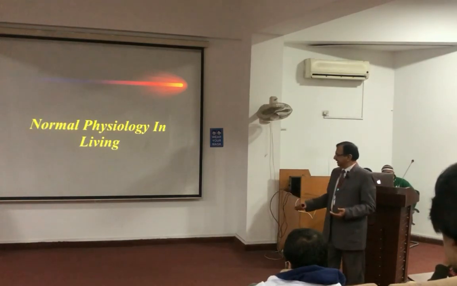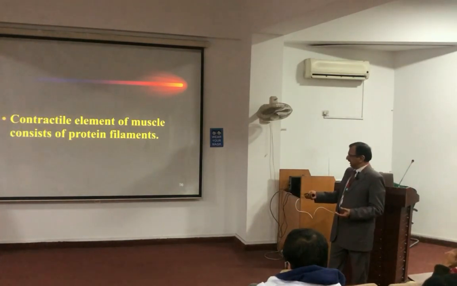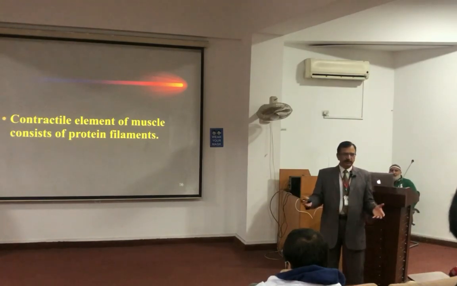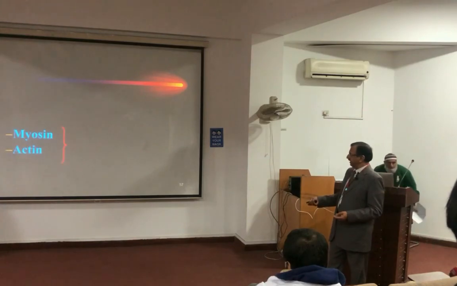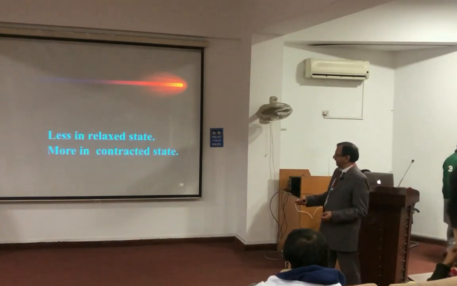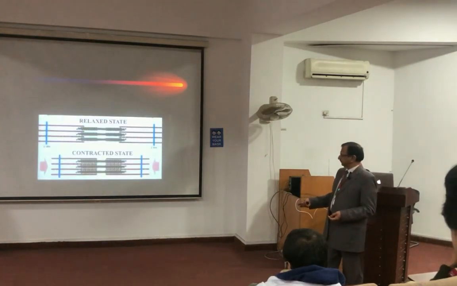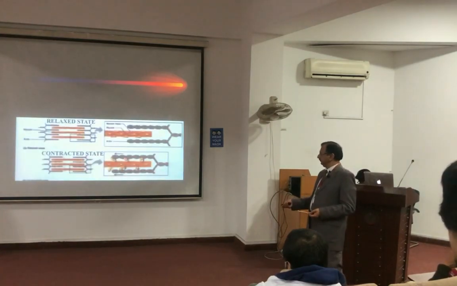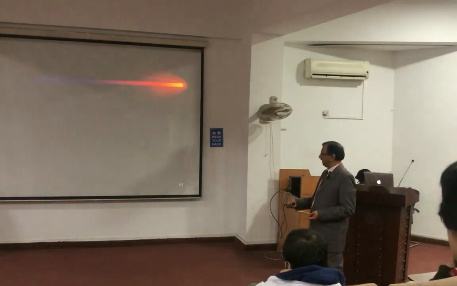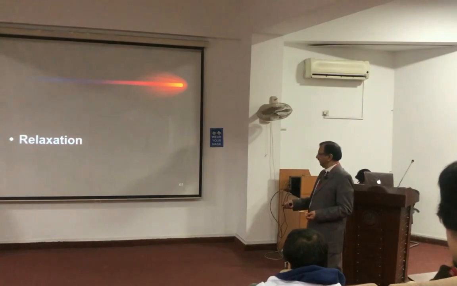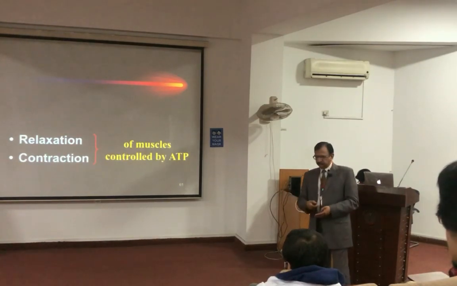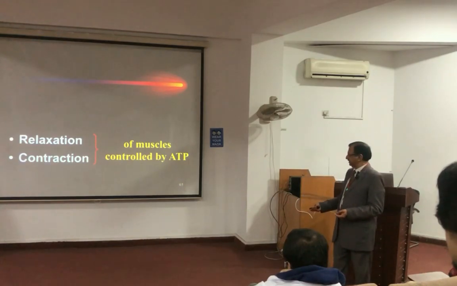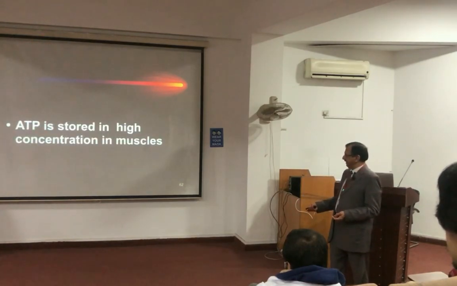So, we discussed the normal physiology, that the contractile element consists of actin and myosin, and for pushing them apart, the ATP is required. This is the diagram representing the normal phenomena, the relaxation and contraction by the muscles controlled by the ATP.